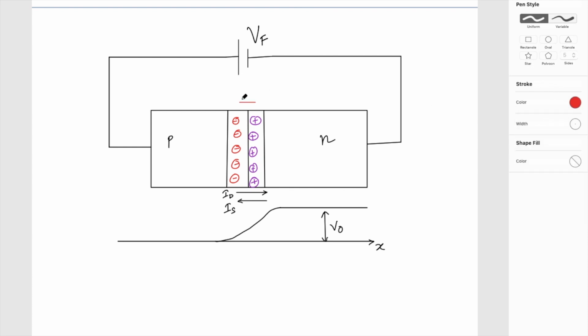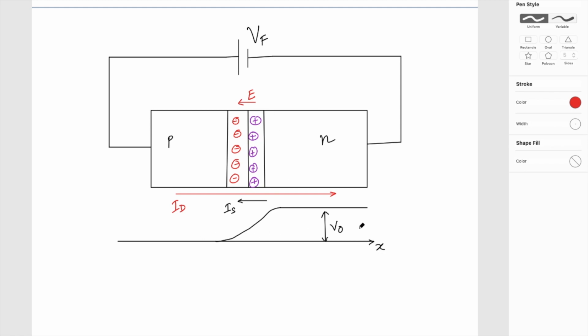So my E is going to become very small now, and as a result my ID is going to increase. My ID is going to become very large, and of course the IS is going to remain constant because it is not dependent on the E.